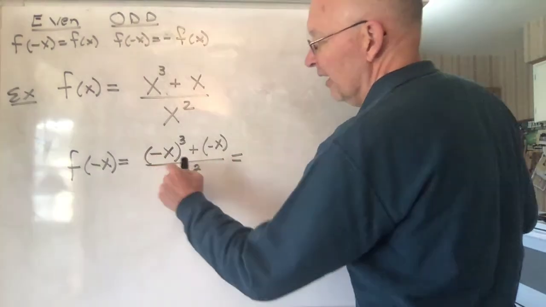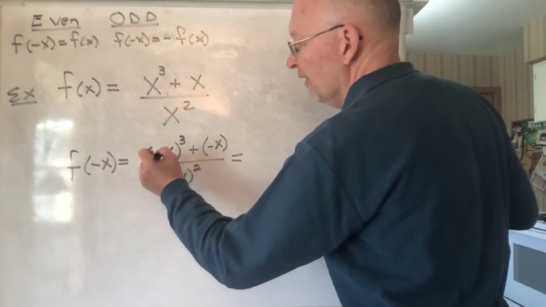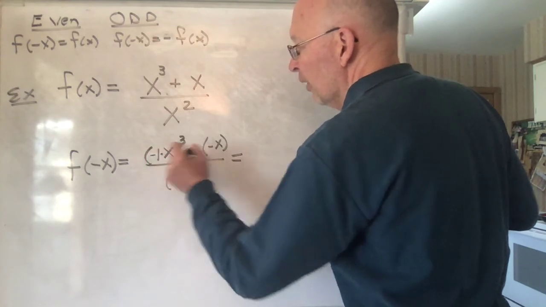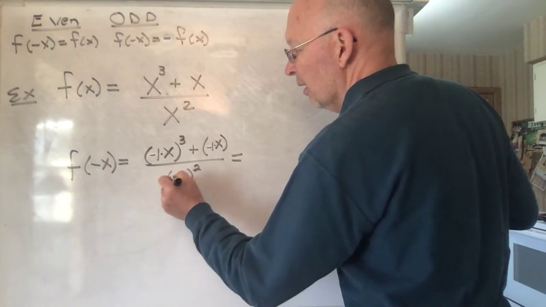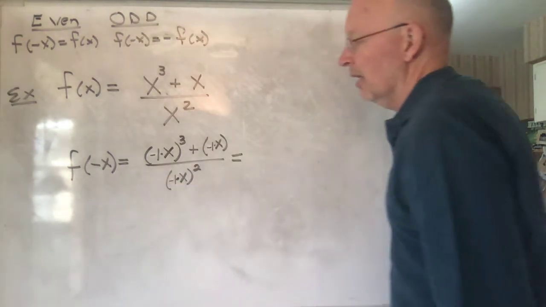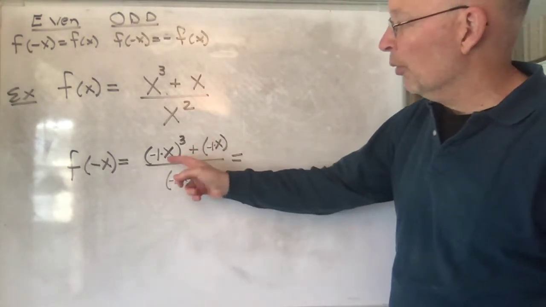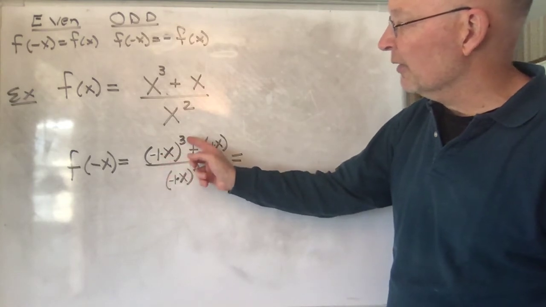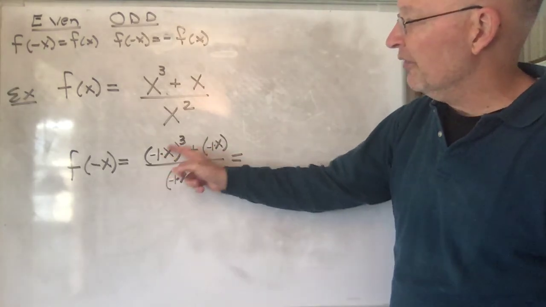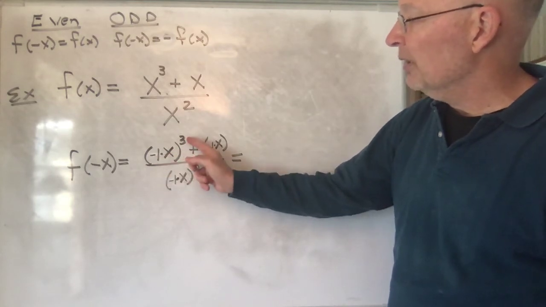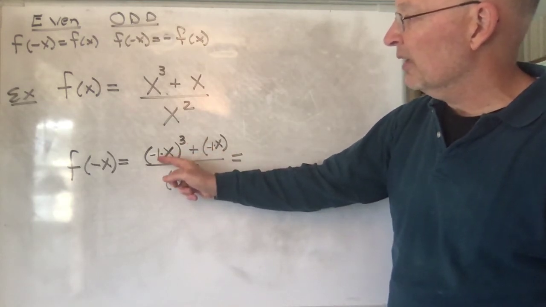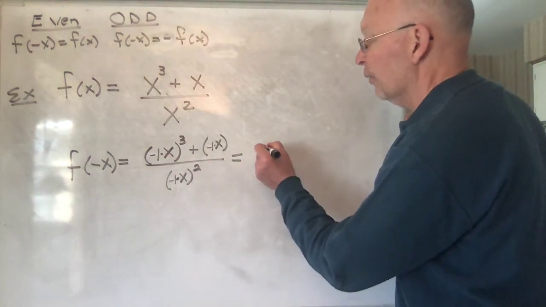Notice that this is the same as all of these. If I wanted to, I could write that as negative 1 times x, negative 1 times x, negative 1 times x. And by the properties of exponents, if you have two things that are all taken to the third power, it's going to be this thing cubed times this thing cubed. So negative 1 cubed, negative 1 times negative 1 times negative 1, is still going to be a negative 1.